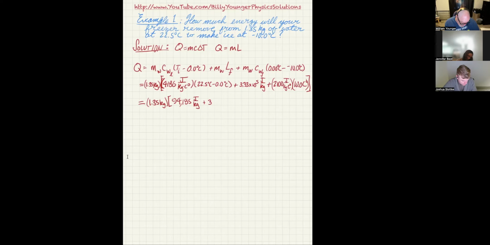The next one, we can call that 333,000. So I'm going to write 333,000, and that would be joules per kilogram. Again, that's for the middle term.